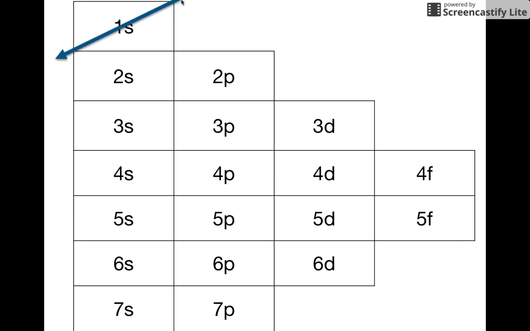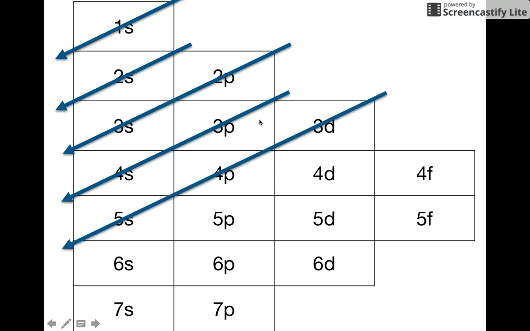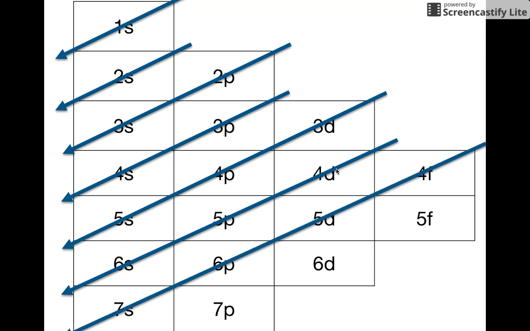So first we fill 1s, then we fill 2s, and next we go 2p, 3s, 3p, 4s, 3d, 4p, 5s, 4d, 5p, 6s, 4f, 5d, 6p, 7s, 5f, 6d, 7p. So we use this depiction and we fill diagonally from the top right.